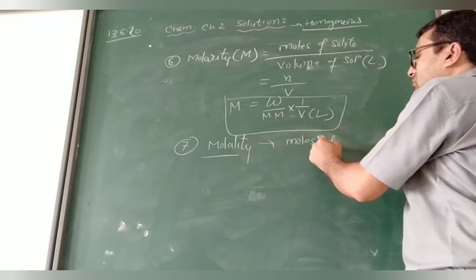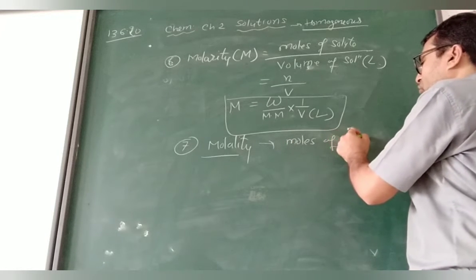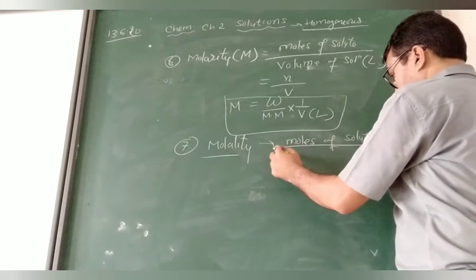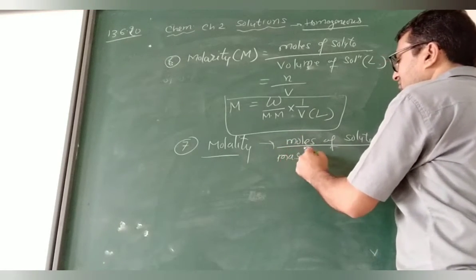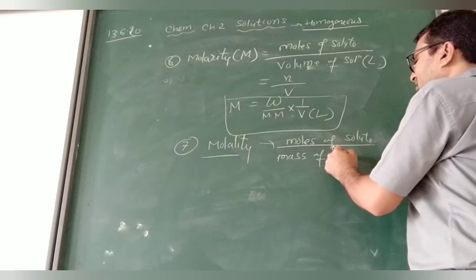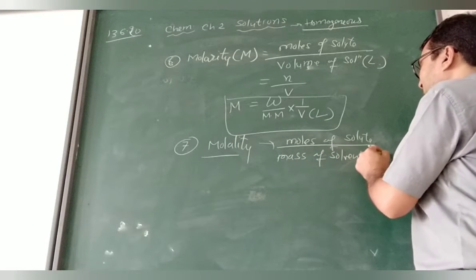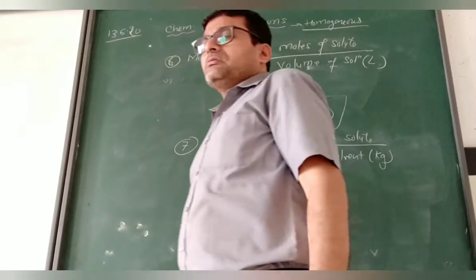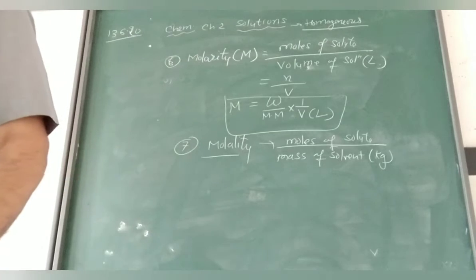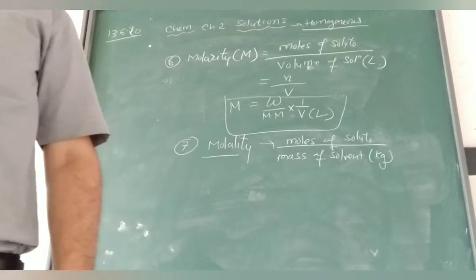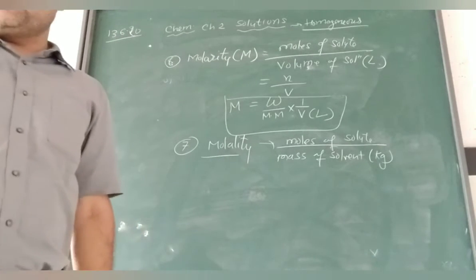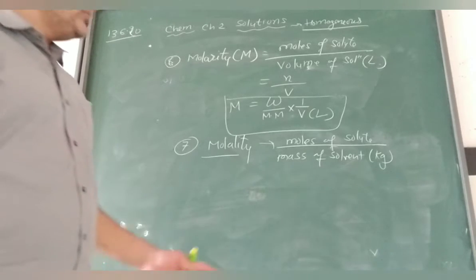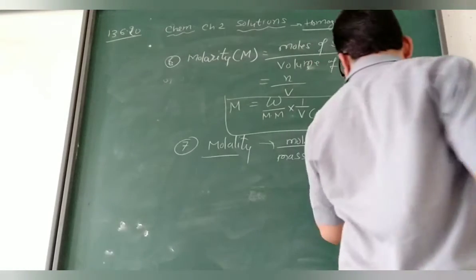Molality means moles of solute upon mass of solvent, not solution, only solvent, and that should be expressed in kg. In molality, we take weight of solvent in the kilogram, right?